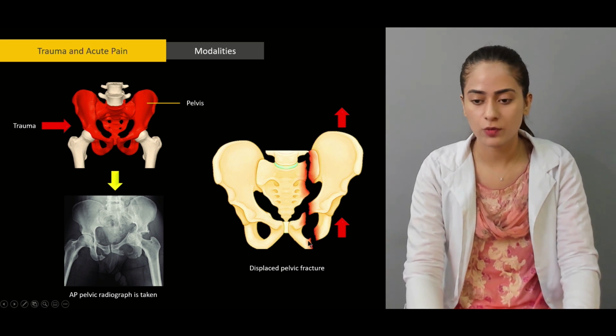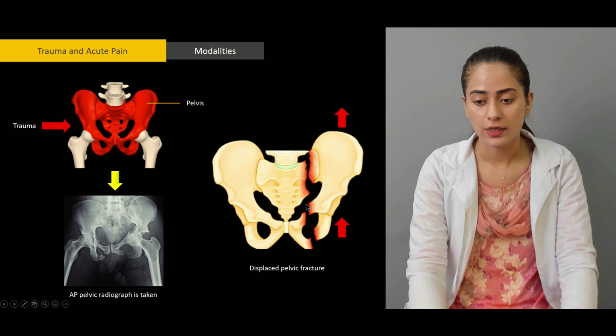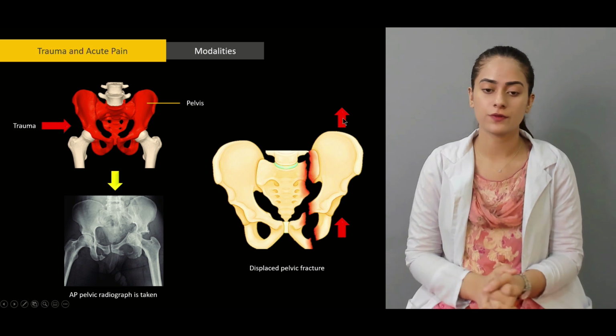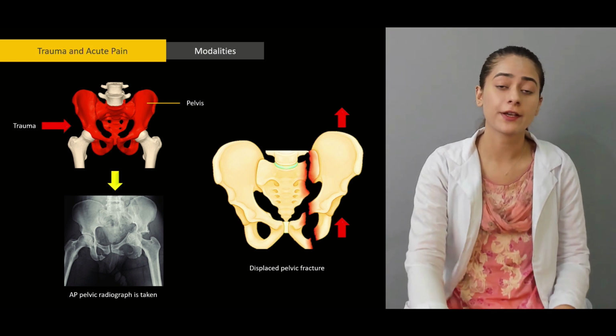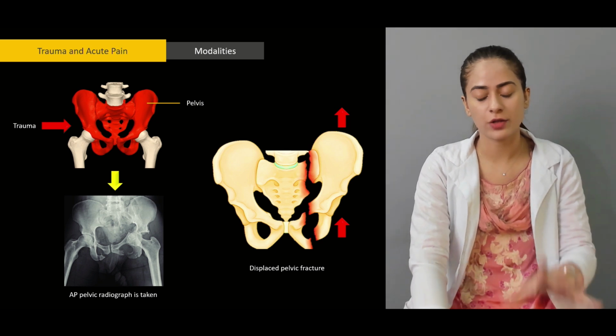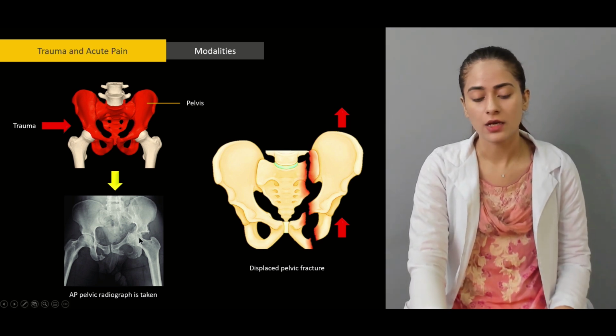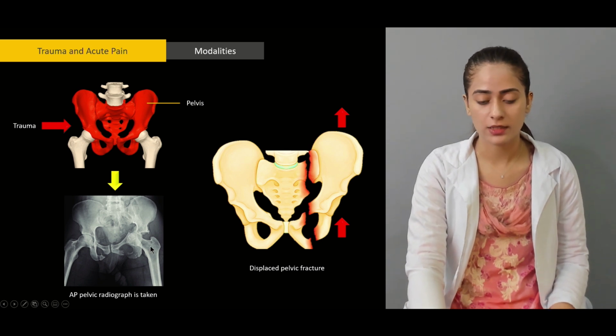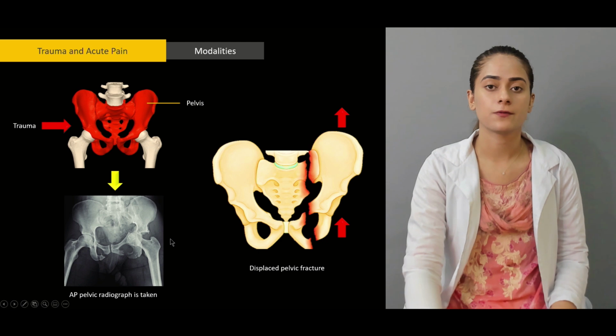There's no joint anymore. The pubis is fractured. The ischium is fractured. So this entire part of the pelvis bone has been fractured and is now dislocated. This is how a displaced pelvis fracture looks, and this is a partially displaced fracture with a displacement of the femur as well.